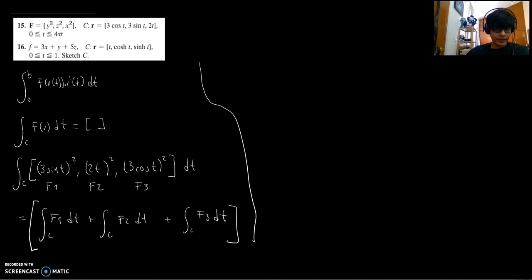Now we can see this other kind of line integral where we have a function f equal to 3x plus y plus 5z evaluated at this given curve. And we know that this kind of integral can also be evaluated like this, and instead of a vector, it will give us a scalar.